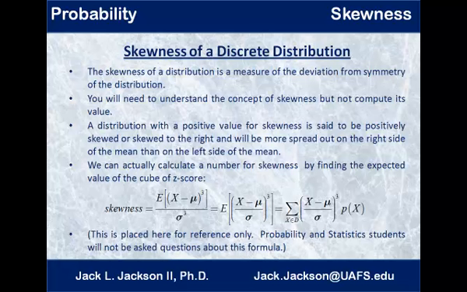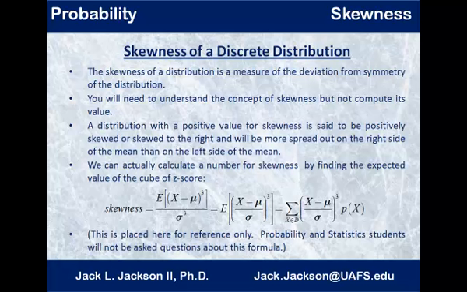Okay, you do not have to know this particular formula. Since we're talking about skewness, I thought I'd throw it in so that you have it there for reference and you'll understand maybe a little bit about it. But I will not ask you any questions dealing with this formula. What I may ask you questions about is something dealing with just looking at a distribution and telling whether it's skewed to the left or right.